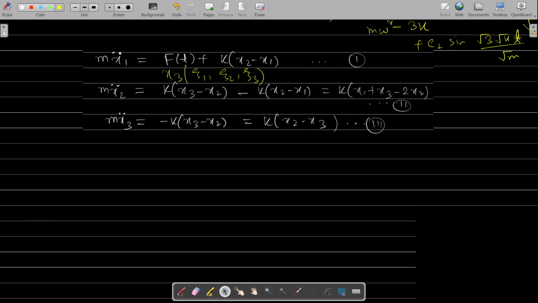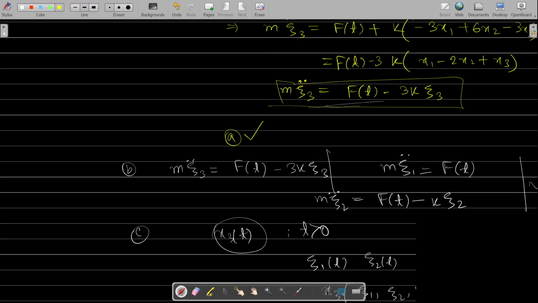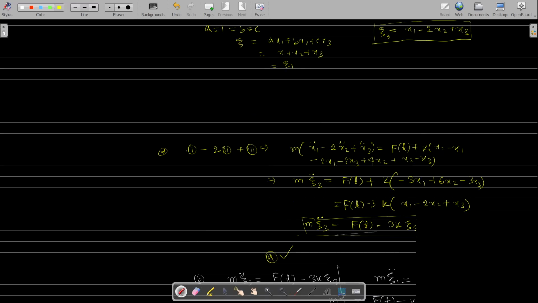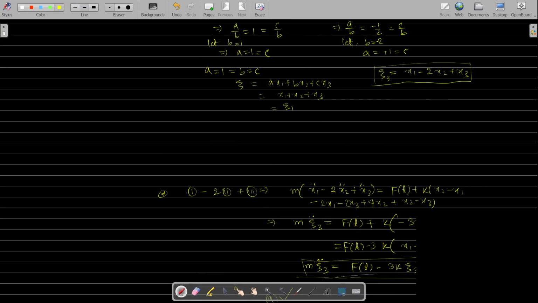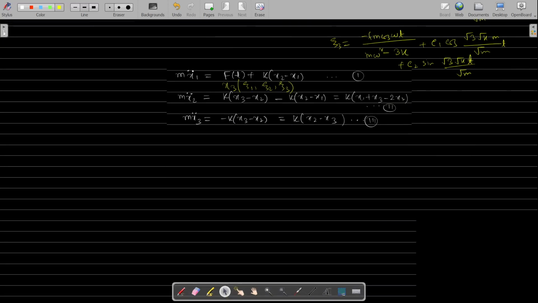My bad, we don't need this. We need the definitions of the normal coordinates. I'm going to use my memory and write that.